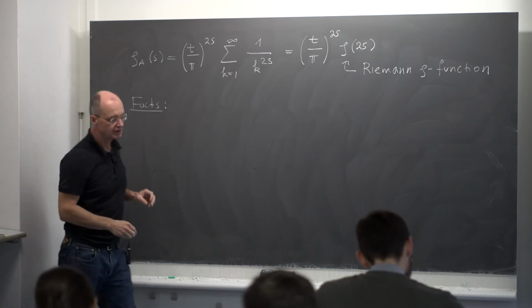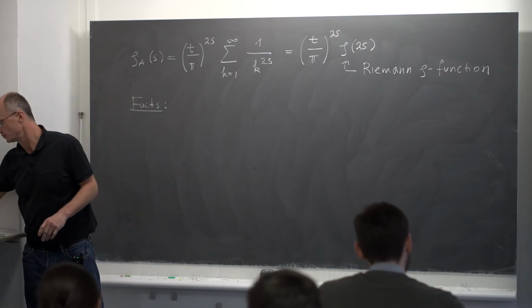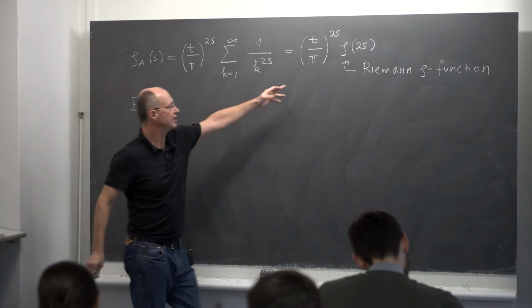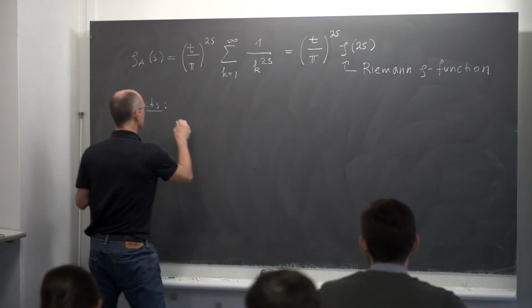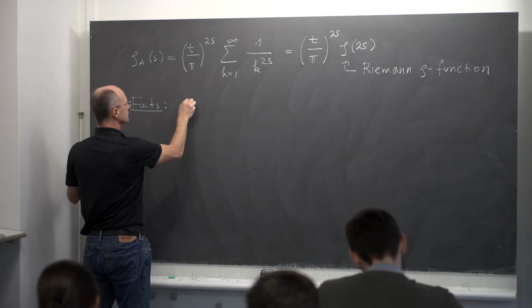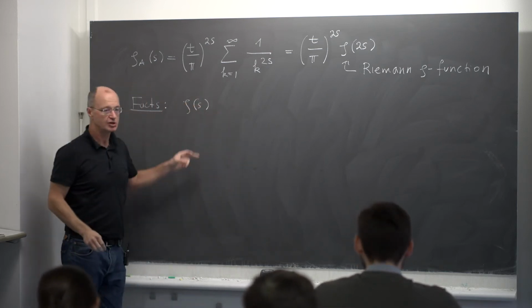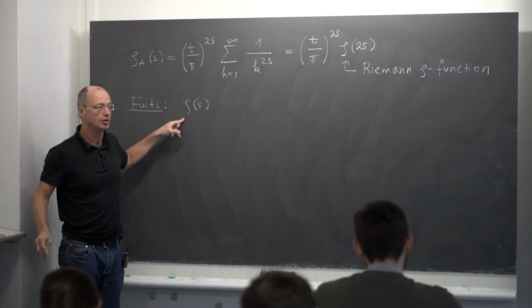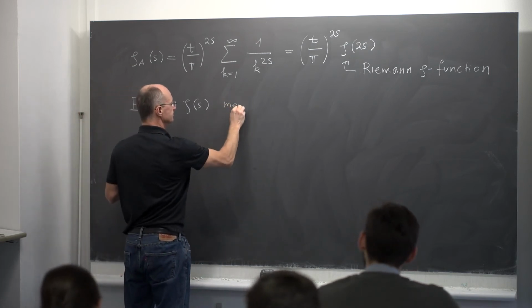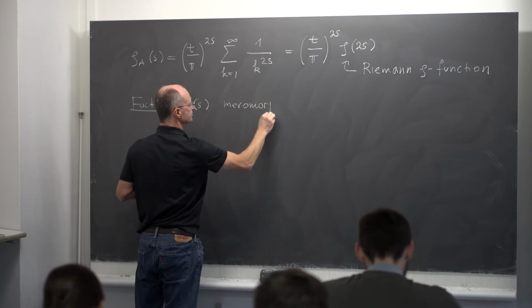So let me recall that the Riemann zeta function, zeta of s, is actually meromorphic on the whole complex plane.